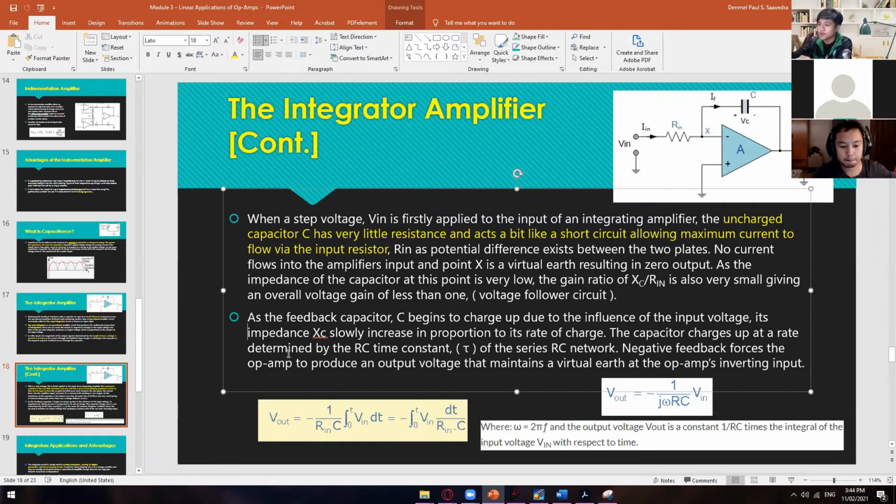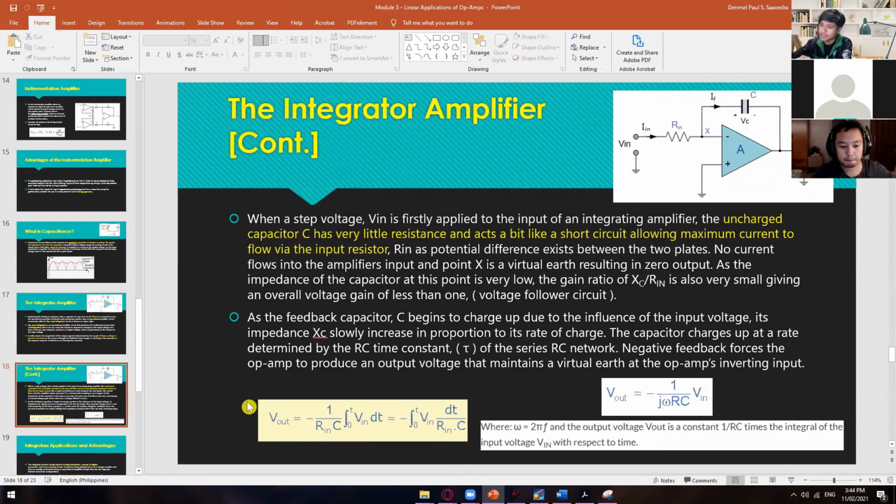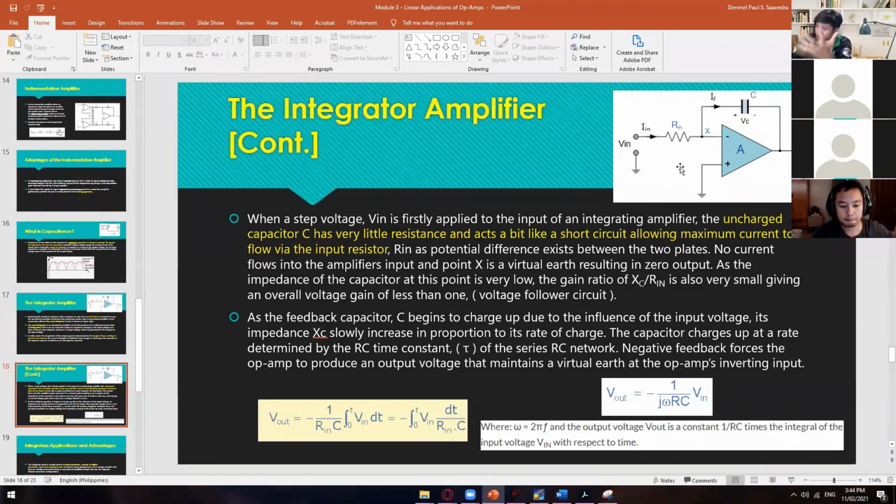Basically, here's the formula on how to get the output voltage if you want to do it manually. Let's say you have the input voltage, the R in, the value of the capacitance, the frequency, and so on and so forth. But we can also use this one.